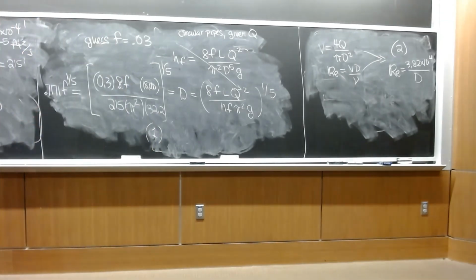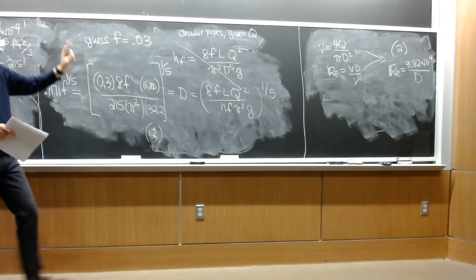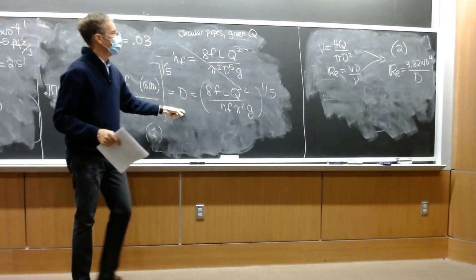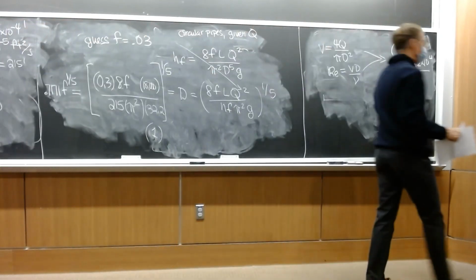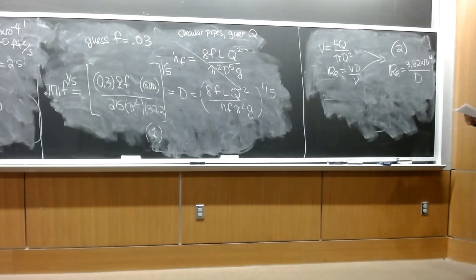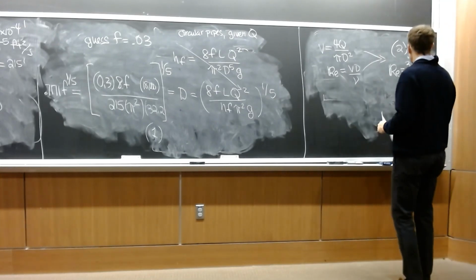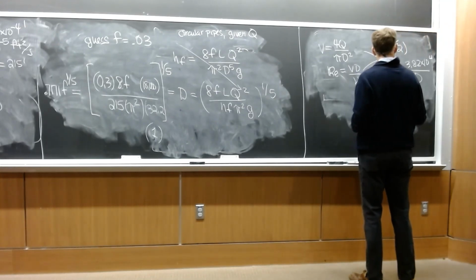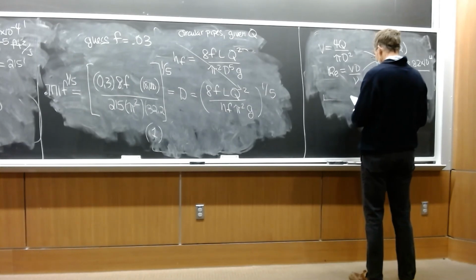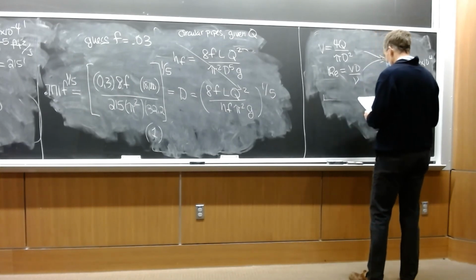So the way this works is you guess an F, then calculate D, and use that D to calculate Reynolds number. And then we also need one more.